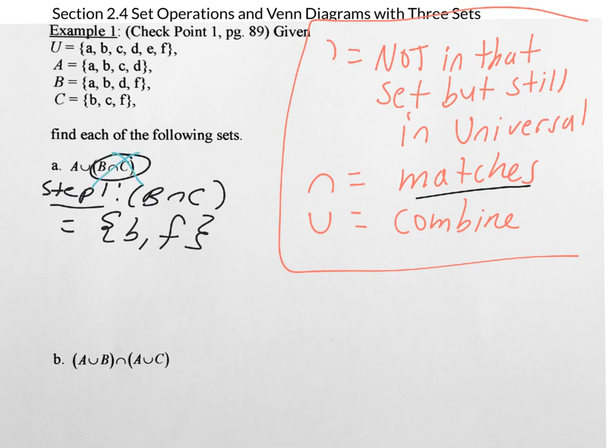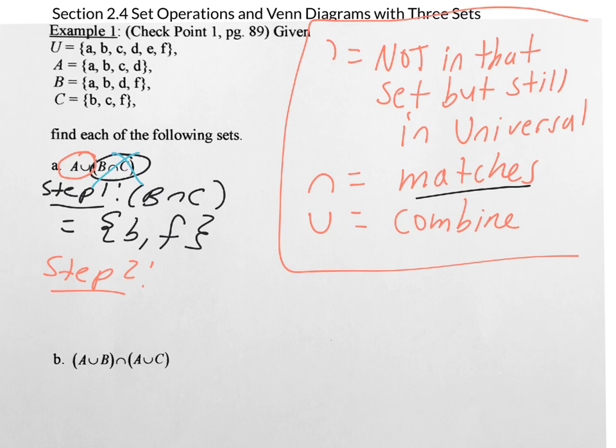However, we still have another set operation outside the parentheses to take care of. Normally we would do complements next, but I don't see any apostrophes. So step 2, the only thing left is to take A and to unite it, do a union with our answer to step 1. So step 2, we're going to do the union that's outside the parentheses.